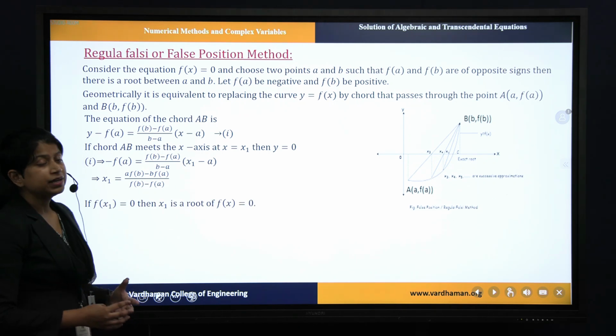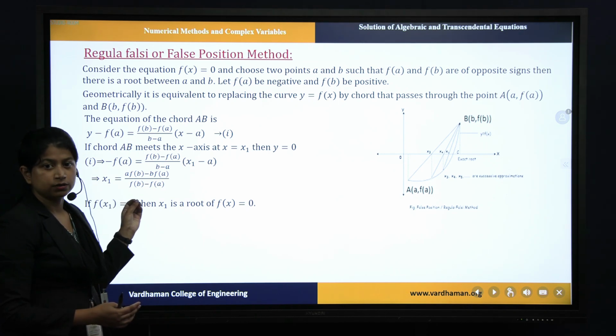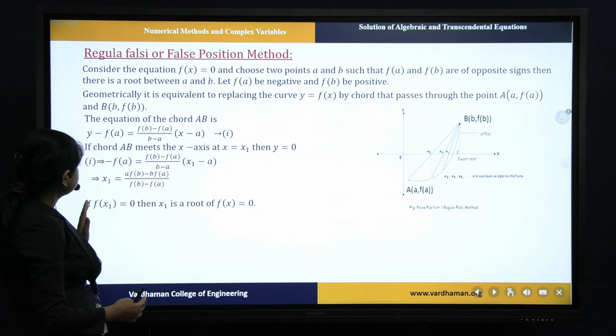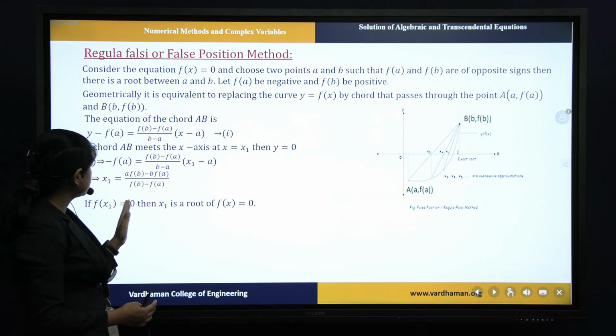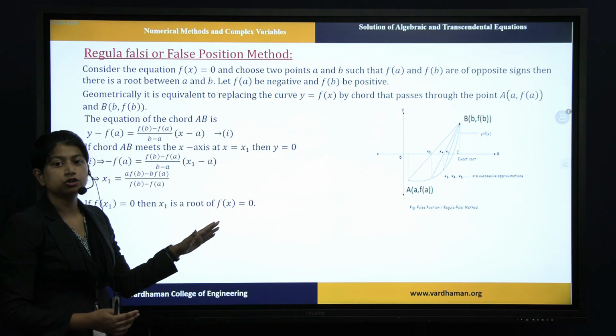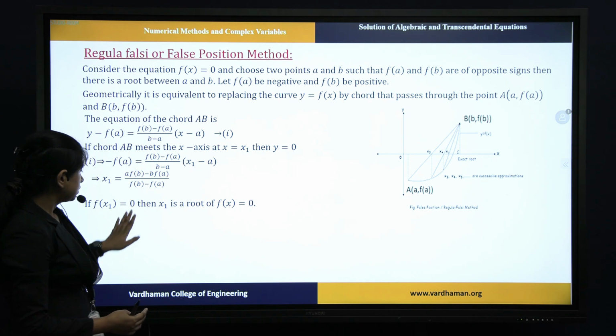So now we need to check what the function value is at x1. If that function value f of x1 is 0, then we can say that this x1 is a root of f of x equal to 0.